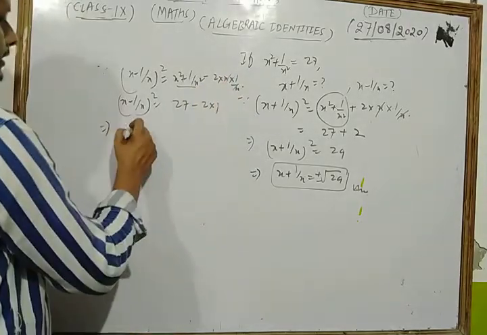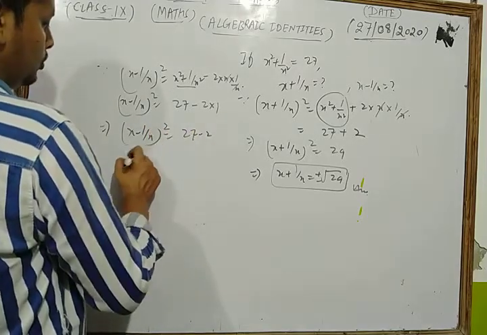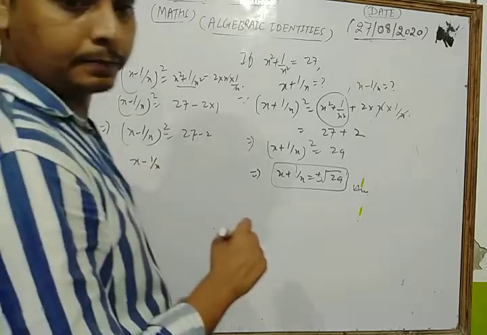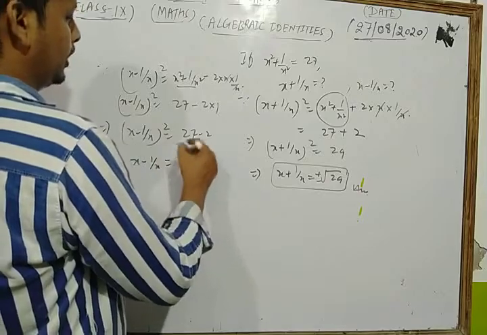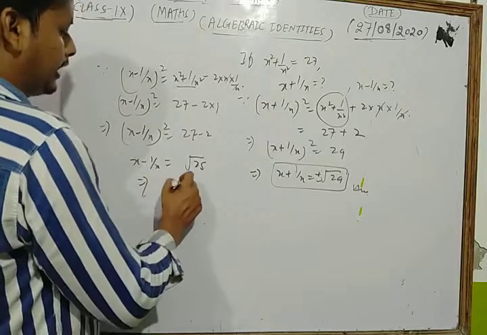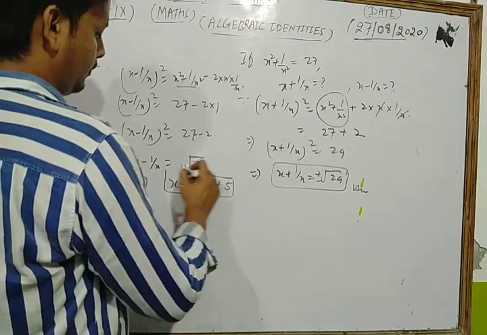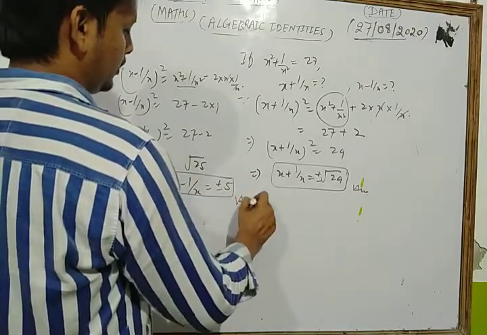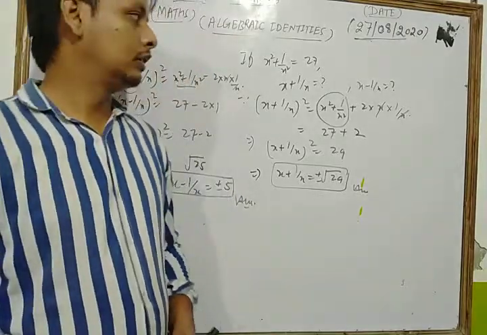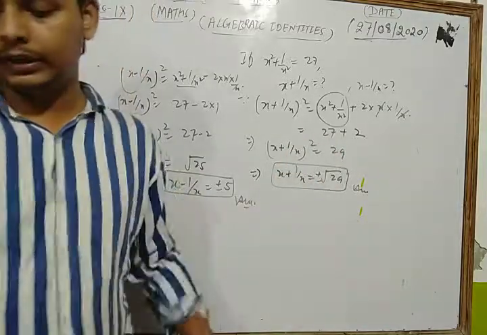So we get x minus 1 upon x whole square is equal to 27 minus 2, so x minus 1 upon x is equal to under root 25. You know that the square root of 25 is 5. So we have the value of x minus 1 upon x is equal to plus minus 5. This is our required answer. So dear students, in this way you can solve all the questions of your NCERT exercise based on this concept.